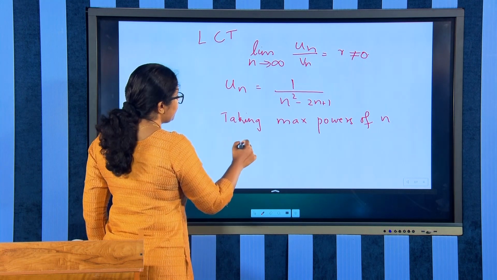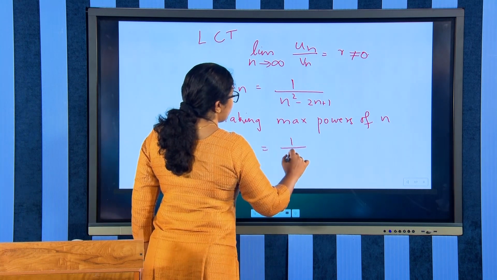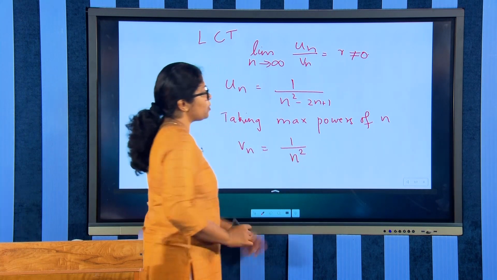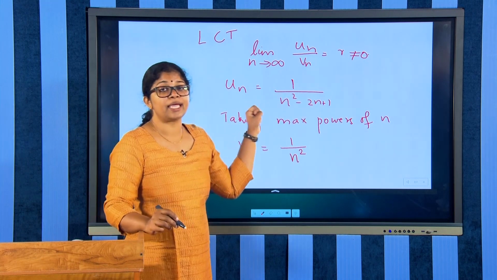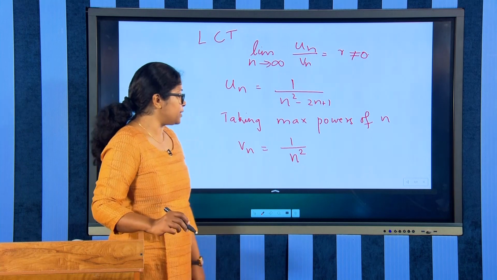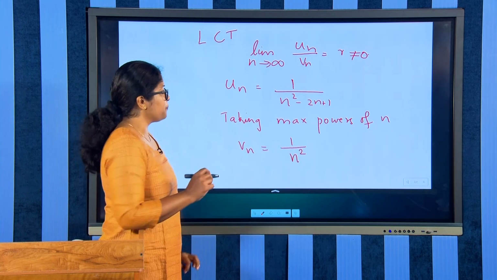So, we take Vn to be 1 upon n square, because n square is the maximum power of n which can be taken out from the denominator. So, Vn we are taking as 1 upon n square.